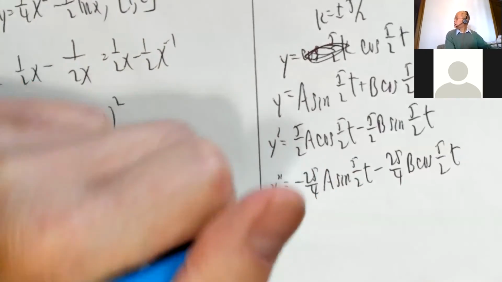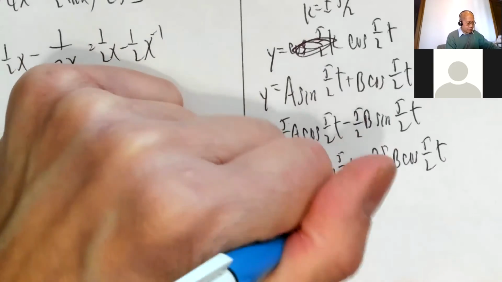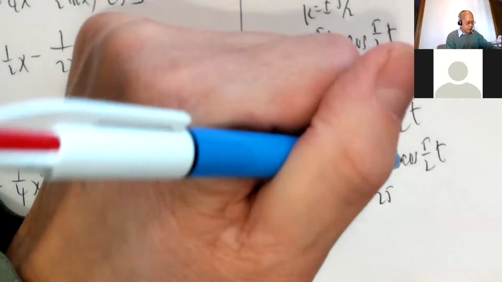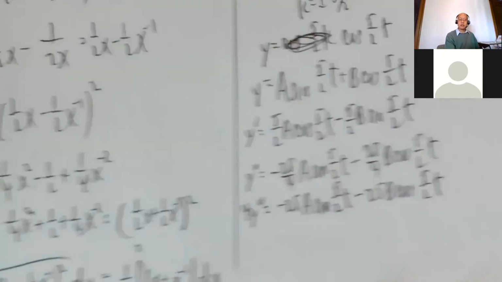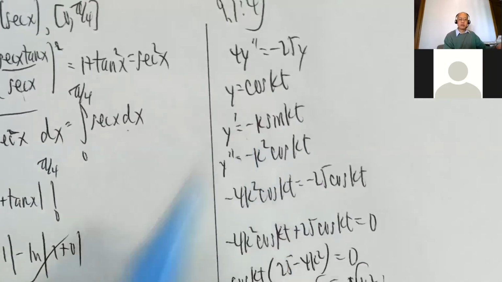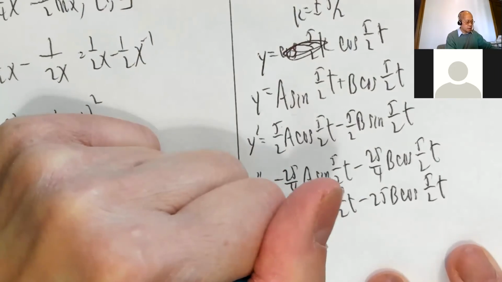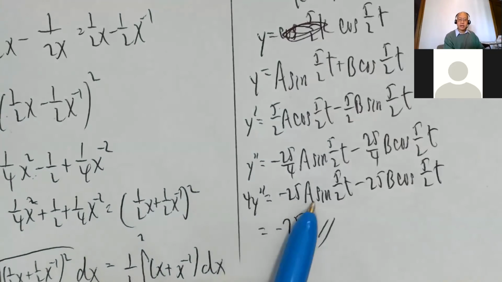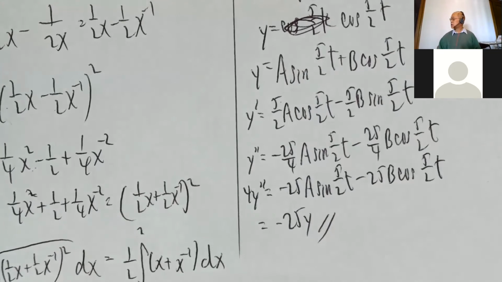So 4y double prime, multiplied by 4, I just dropped the 4s, right? So negative 25a sine 5/2 t minus 25b cosine 5/2 t. And if I look at the original, it is negative 25 times the original, so it does work. So equals negative 25y. So show and tell is done. If I take this thing and multiply by negative 25, I do have that.